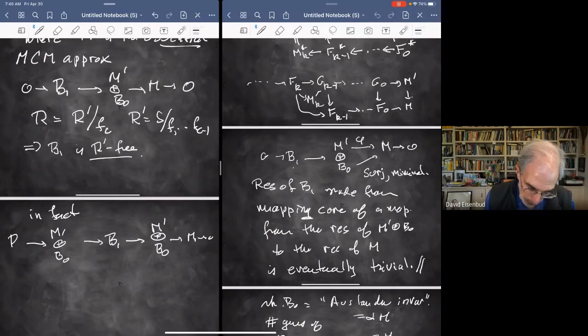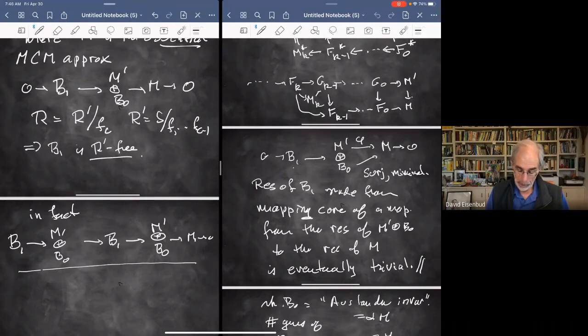And you'd get a periodic resolution, unfortunately not by free modules, but something close to free modules. After all, if R prime were regular, then M prime, which is a maximal Cohen-Macaulay R prime module, would be free. So this is the exact analog of the matrix factorization.